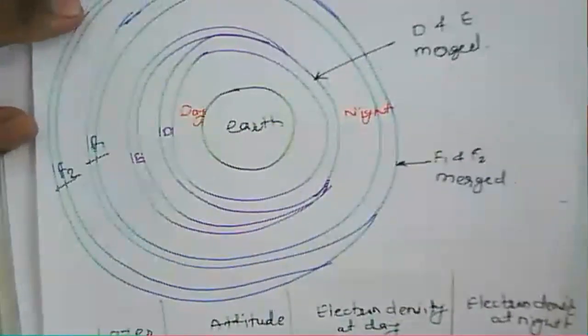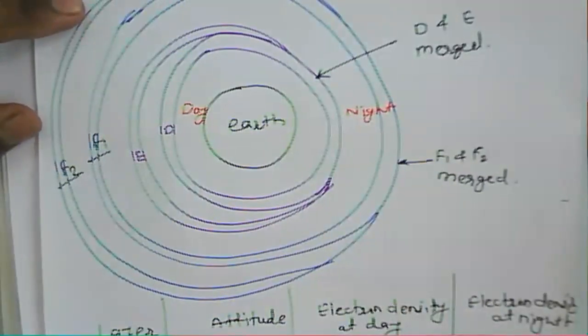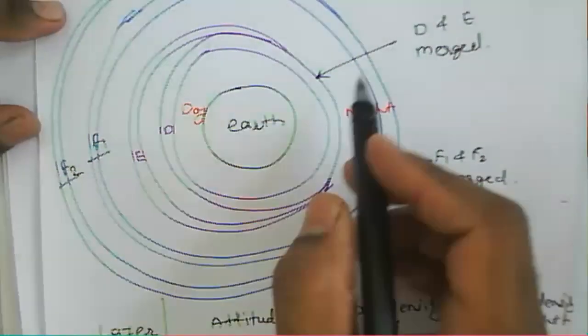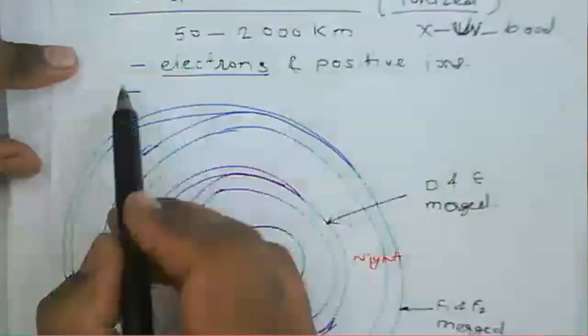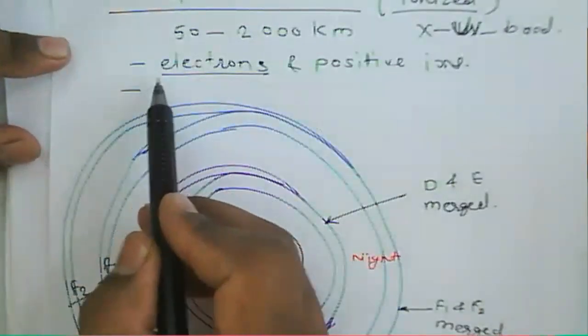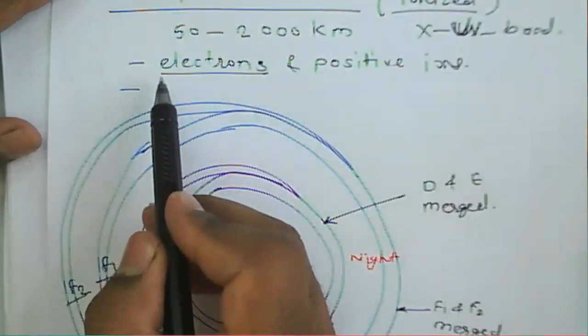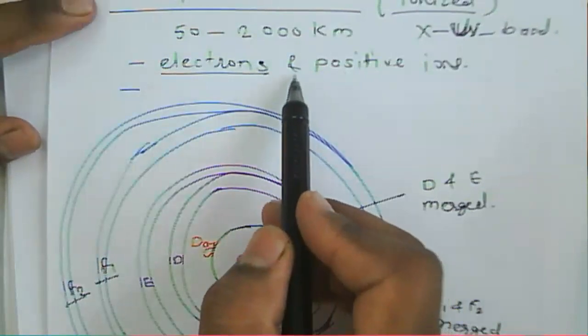Now we say here that ionized gas contains free electrons and positive ions.